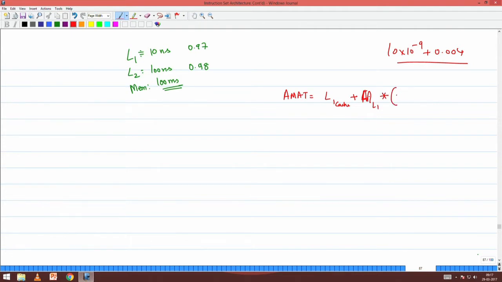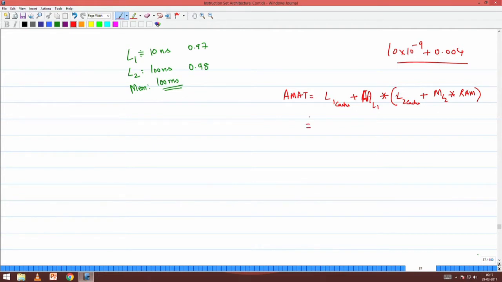The same thing, L2 cache plus miss of L2 into RAM access time. This is a recurrence equation, the same recurrence equation. Instead of miss penalty, I say I will access L2 plus miss of L2 into whatever RAM. Do you follow how I am getting this equation? I just explained in the previous class also.